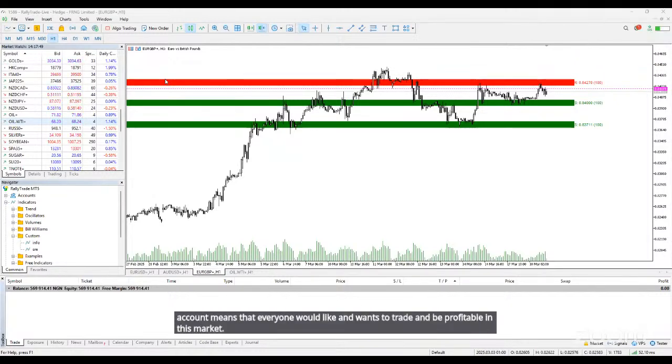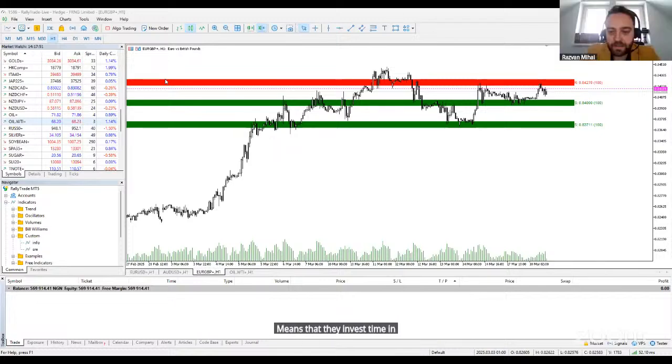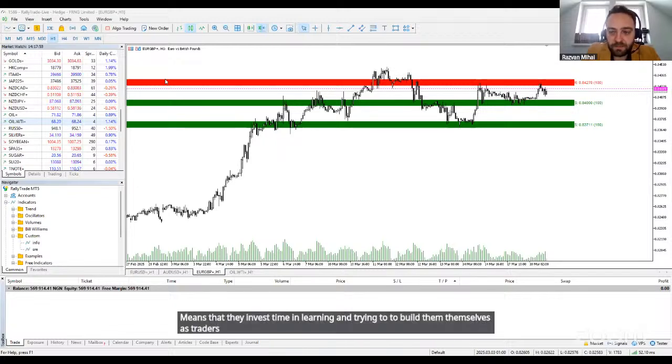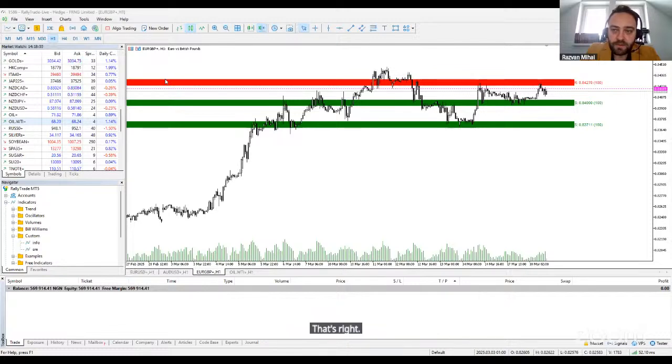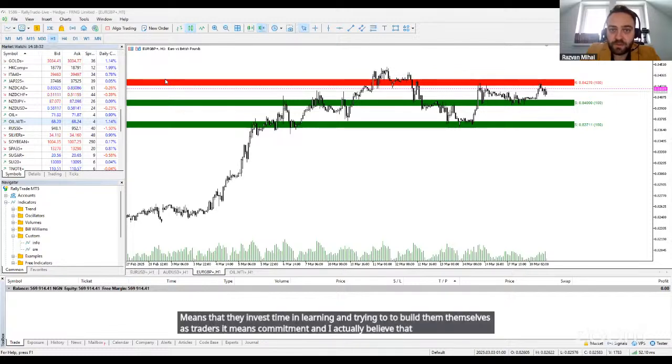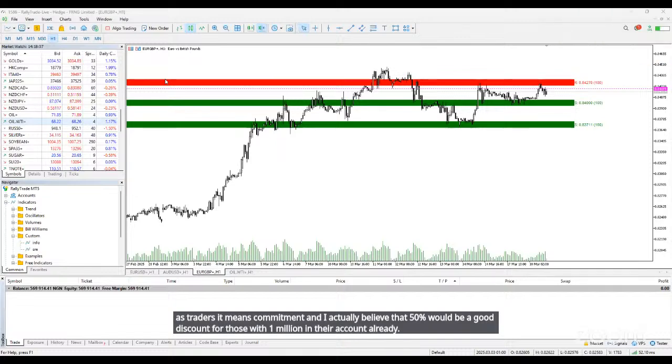It means that they invest time in learning and trying to build themselves as traders. It means commitment, and I actually believe that 50% would be a good discount for those with 1 million in their account already.